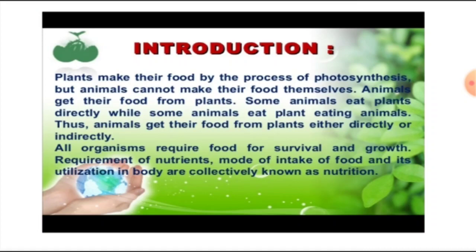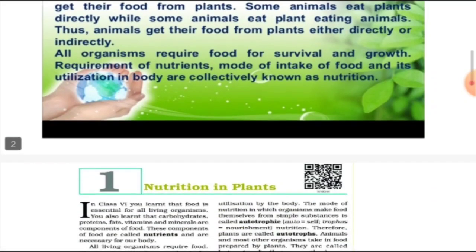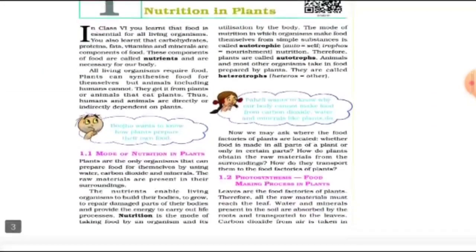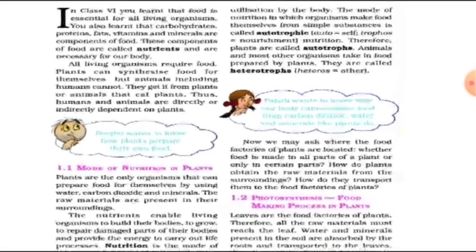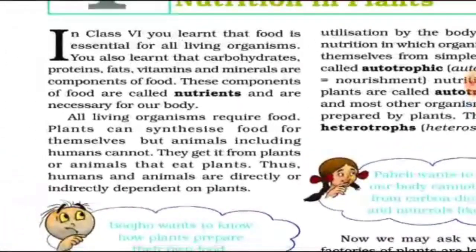All organisms require food for survival and growth. Requirement of nutrients, mode of intake of food and its utilization in the body are collectively called nutrition. So this is your textbook page now. The chapter name is Nutrition in Plants.